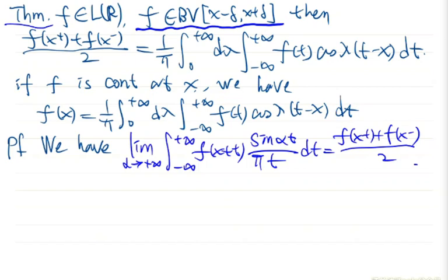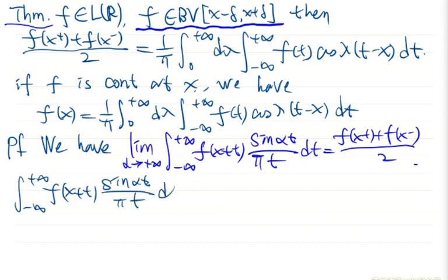Okay, so we studied the integral in the limit, the integral of f(x+t) sine alpha t by pi t dt. This integral can be divided into 4 parts: minus infinity to minus delta.